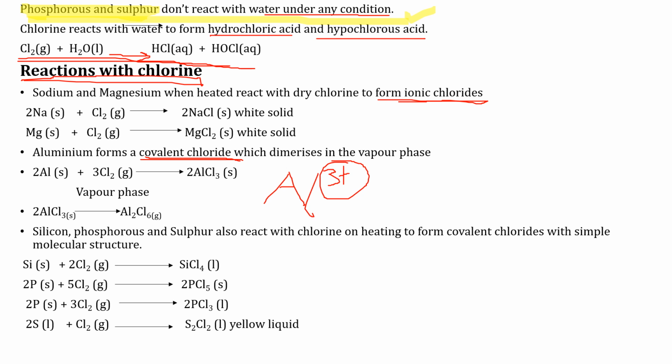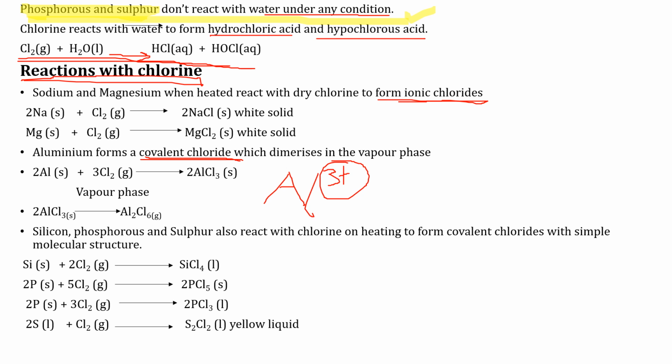So it's due to high charge density that causes high polarization power on the anion, which is the chloride ion, making the whole compound predominantly covalent instead of purely ionic. As we know, covalent compounds are easy to break, so we expect the melting point of aluminium chloride to be lower. Reason being it's predominantly covalent, and that question is commonly asked.